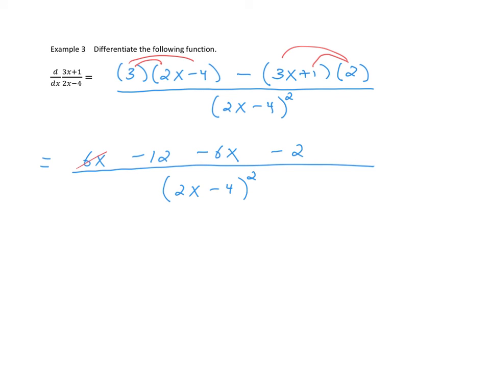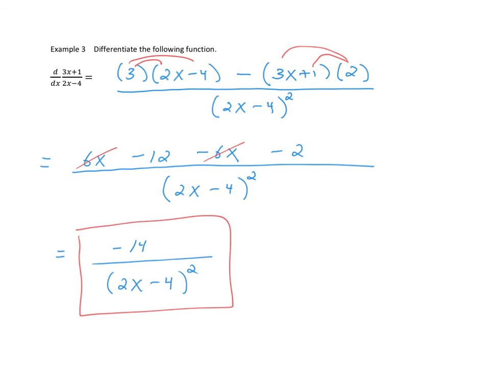I see that the 6x and the negative 6x cancel. I have a negative 2 and a negative 12, which combines to give me negative 14. So I get negative 14 for my numerator, and my denominator is 2x minus 4, and that is squared. And this is the final answer by using just the quotient rule.